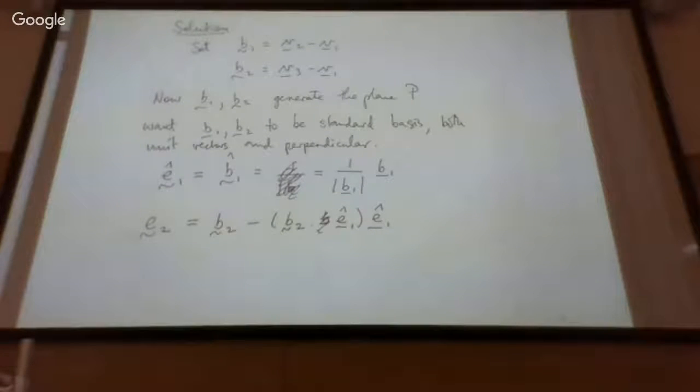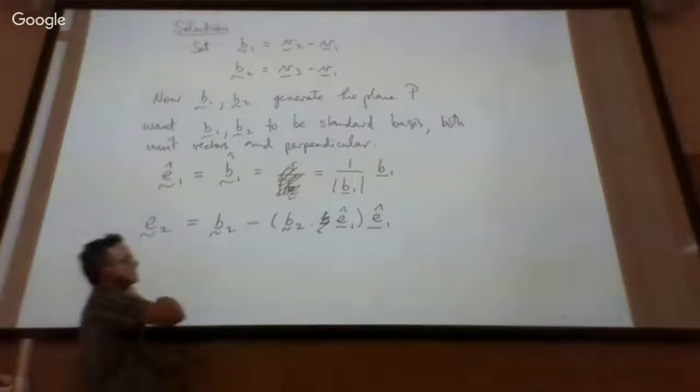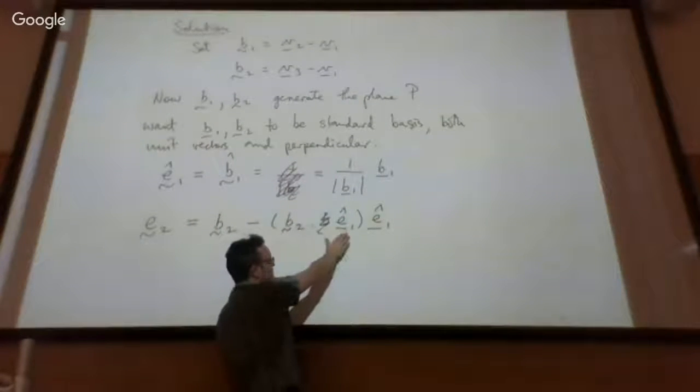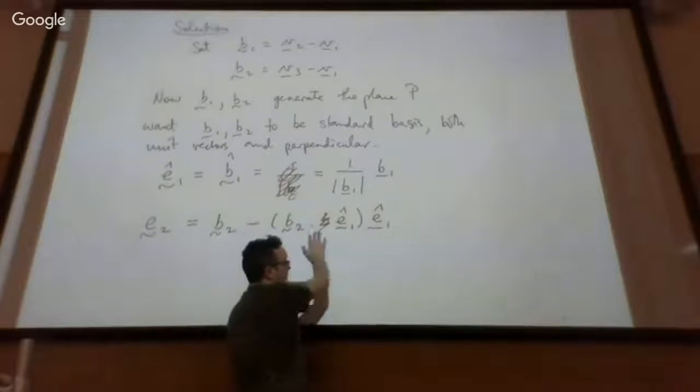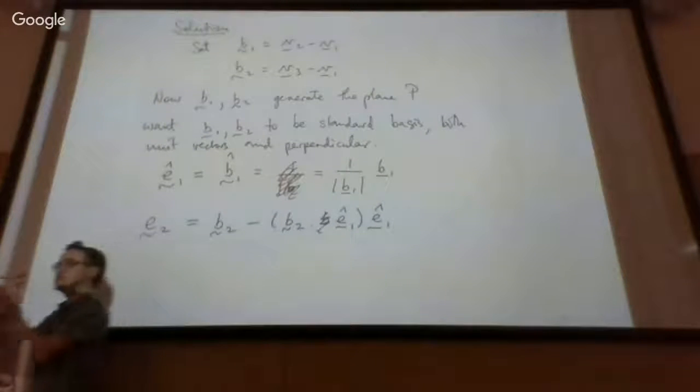So I have my first vector b1. I lengthen or shrink it appropriately to make it have length 1, to make the unit vector. Then I've got my other vector b2, which is probably not at a right angle to b1, but I want it to be. Well, this construction, where I subtract from b2 the component of b2 that's in the direction e1, does the job.